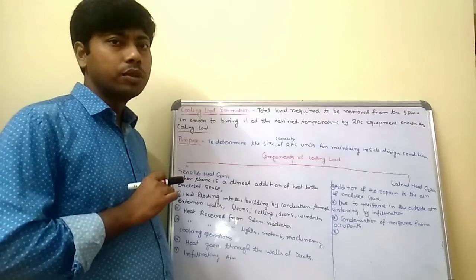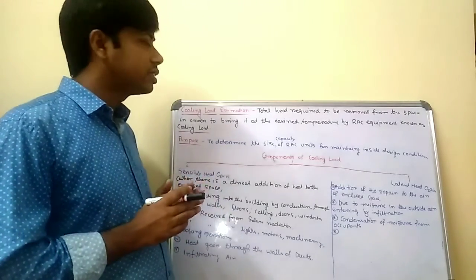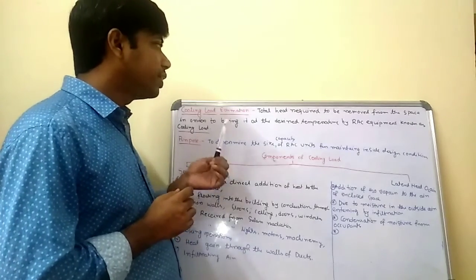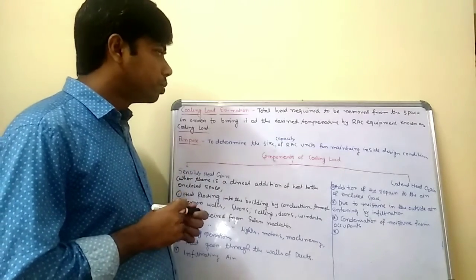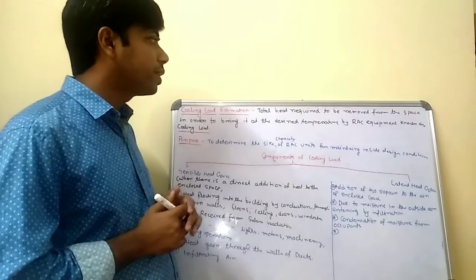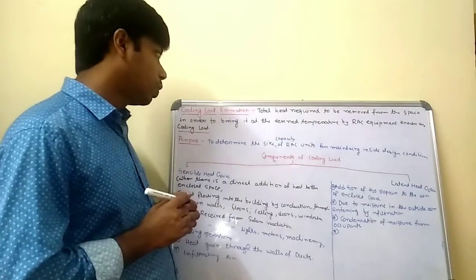particular size of room. So first of all, the name suggests cooling load estimation, that means the total heat required to be removed from the space in order to bring it to the desired temperature by the RAC equipment is known as cooling load.